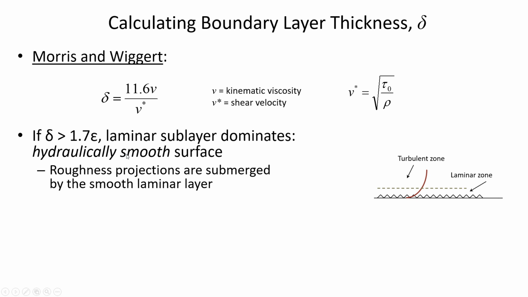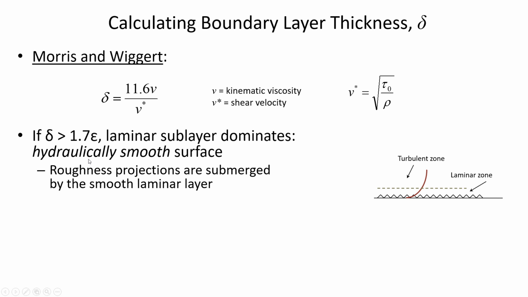Hydraulically smooth is a classification where you can see here the ridges of the roughness are much smaller than the thickness of the boundary layer. So it's not going to interfere with the flow as much in the center of the pipe. If your roughness elements are fully cushioned by this laminar zone, then it's hydraulically smooth.